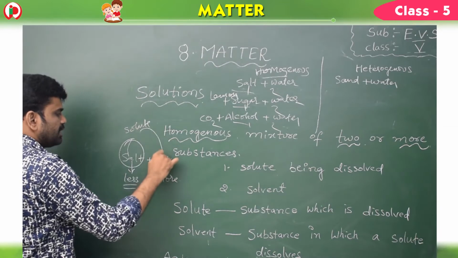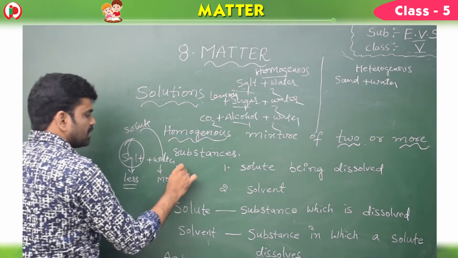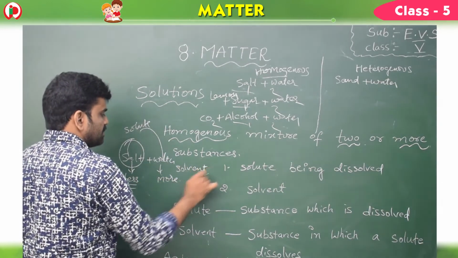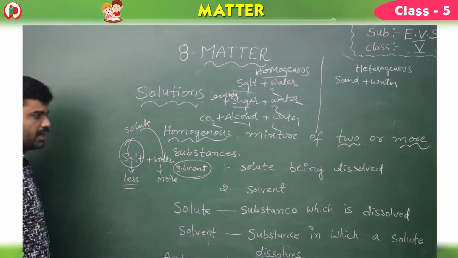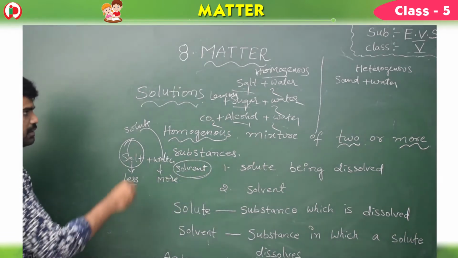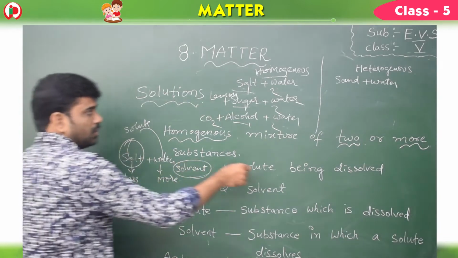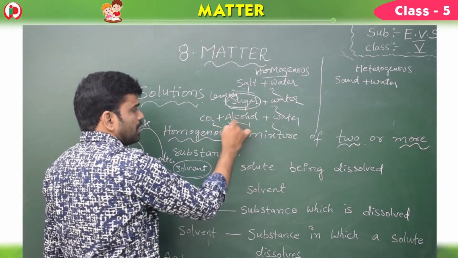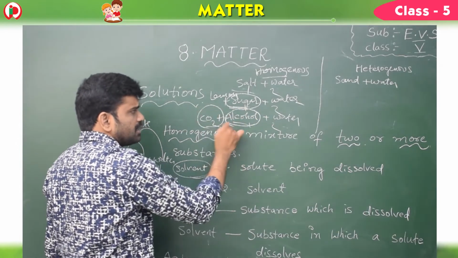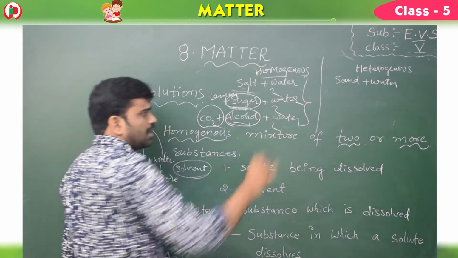It dissolves in water, which is solvent. So here, solute always dissolves in solvent. Sugar is a solute. Alcohol is a solute. Carbon dioxide is a solute. But this is solvent.